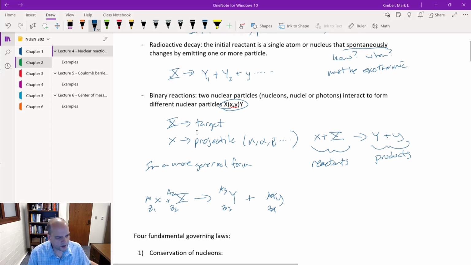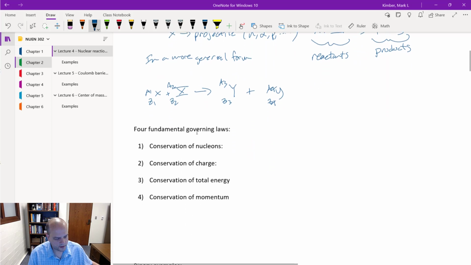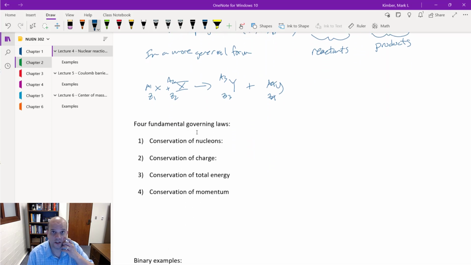And so there's a few governing laws that we're going to cover here. First of all, we're going to have conservation of nucleons. We will talk about conditions when we need to put an asterisk on this statement, but for now we have conservation of these nucleons. So if I know what the nucleons are in the light and the heavy particle on the reactant side, then I know that has to equal the total nucleons on the product side.